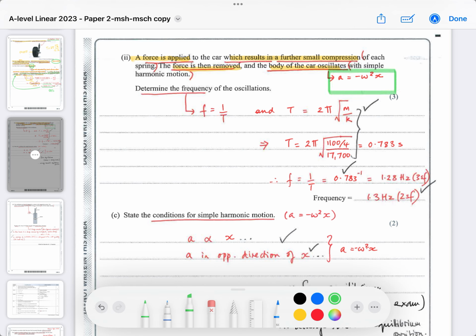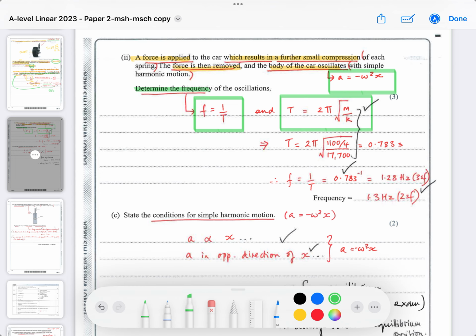Hopefully you recognize that. They want you to determine the frequency, and you know the period can be calculated using the equation I outlined at the beginning of the run-through. So once you know this, you know the normal weight when it's removed. So it's basically you started to oscillate it, so you've basically displaced it from its equilibrium position.